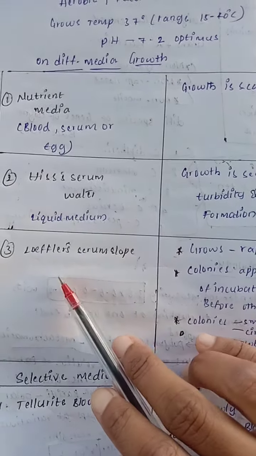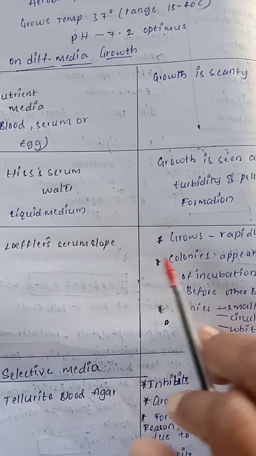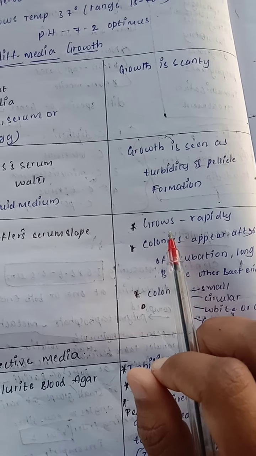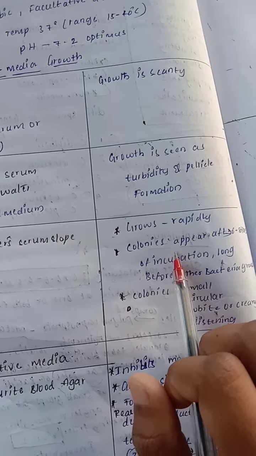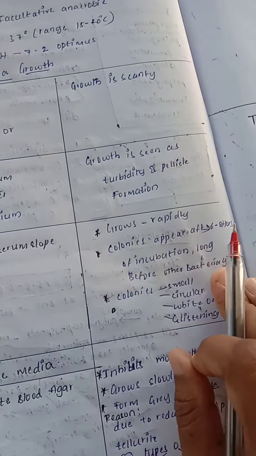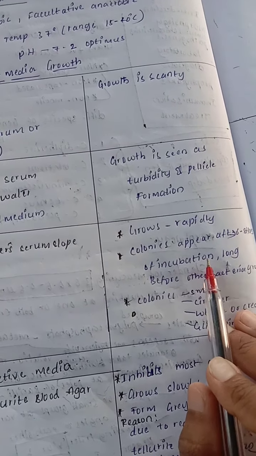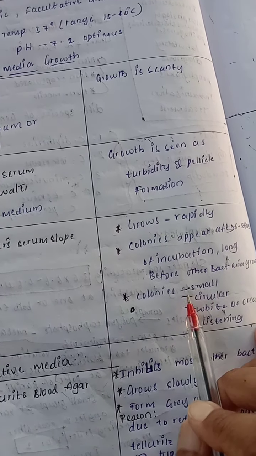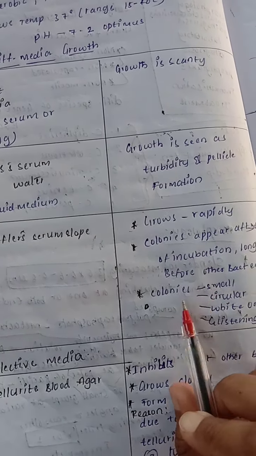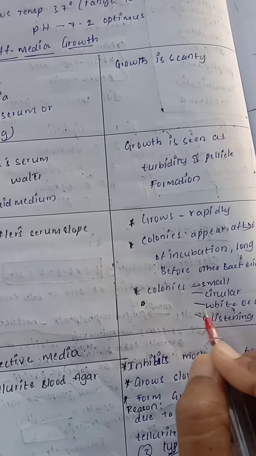After that, Loeffler's serum slope. Here the diphtheria bacillus grows very rapidly. Colonies appear after 6 to 8 hours of incubation, long before other bacteria grow. The colonies are small, circular, and white or grayish.